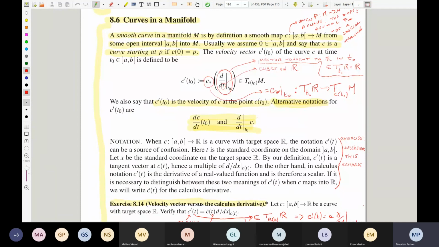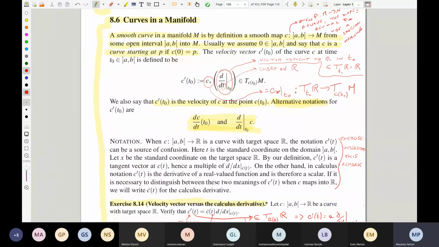Okay, now there is a new point of view. That is, you know that when you have a tangent vector, you can find a curve passing through the point you are interested in, such that the tangent vector to the curve is just that tangent vector. You are integrating the vector field generating that tangent vector at that point.